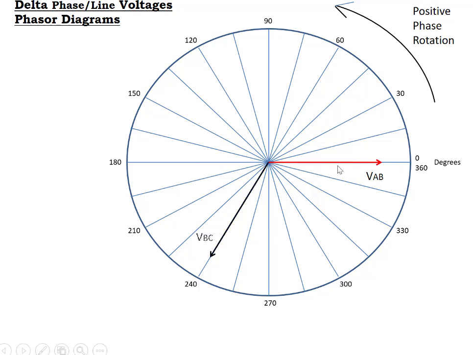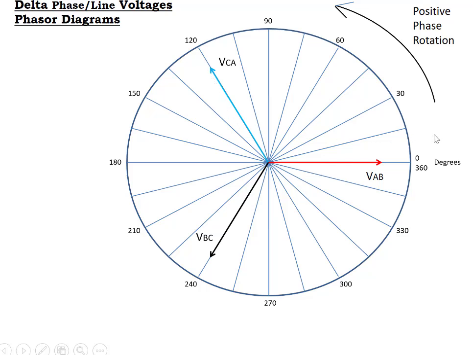Phase B to C is drawn 120 degrees later. So the phase or line voltage B to C is drawn at 240 degrees. And phase voltage C to A is drawn 120 degrees behind phase voltage B to C, and voltage C to A is seen at 120 degrees.